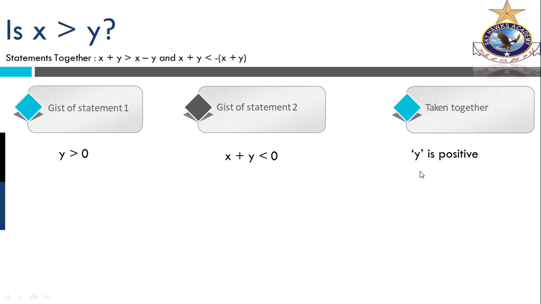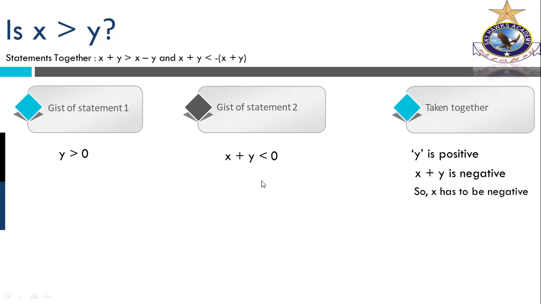So y is positive. From here we must say that y by all means must be positive. So x plus y is negative. When we are adding y to the other number, the sum must be negative. So x has to be negative.